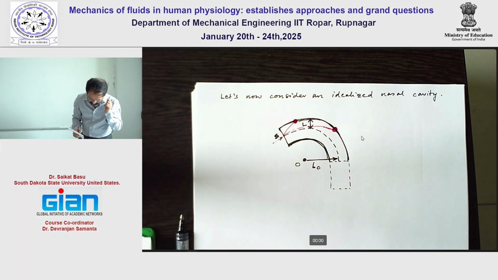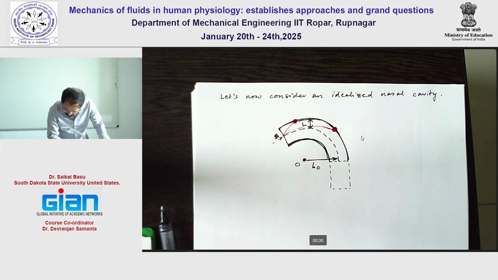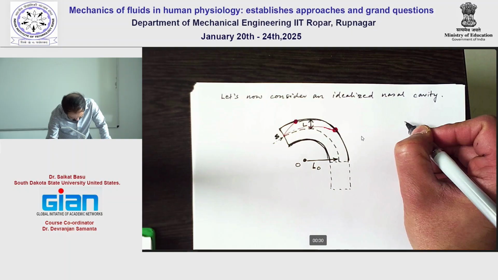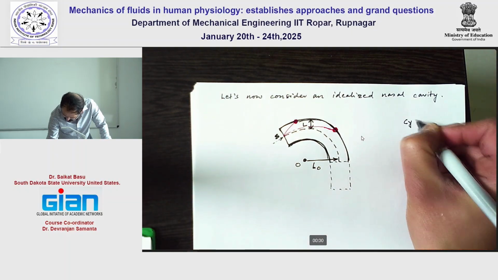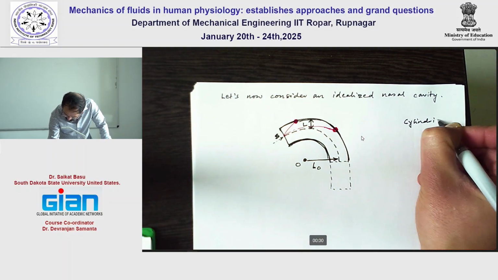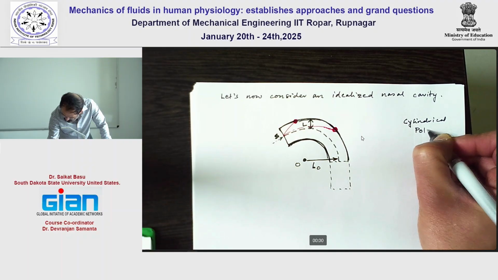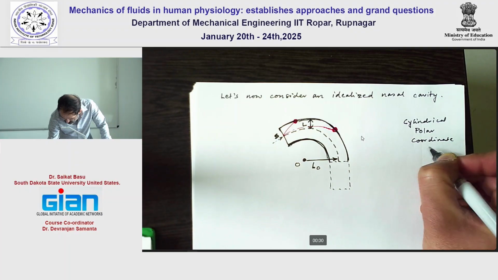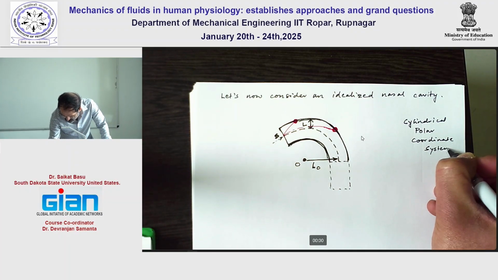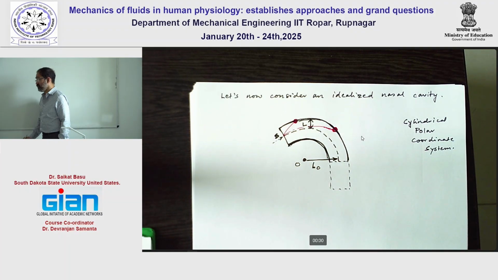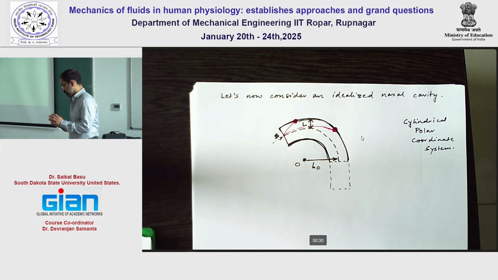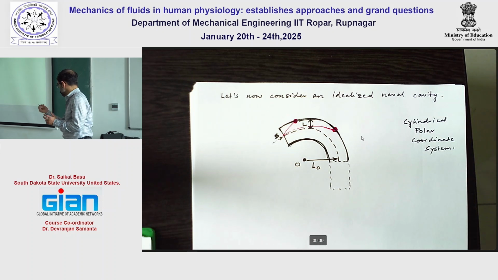Okay, so what else do we need here? We are going to use the cylindrical polar coordinate system. While it is a 3D model, we are not assuming any kind of effect in the direction normal to the plane of the screen.